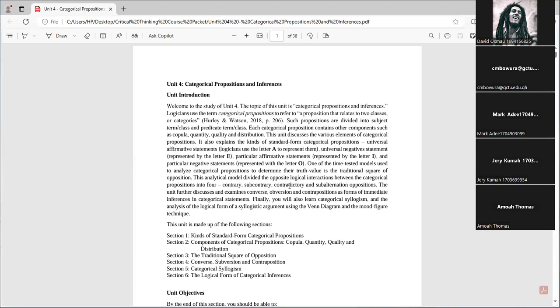So when we look at the example I just gave, all students are clever. What it simply says is that any member who belongs to the class of students is included in the class of clever people. In other words, members of the class of students are included in the class of intelligent people.